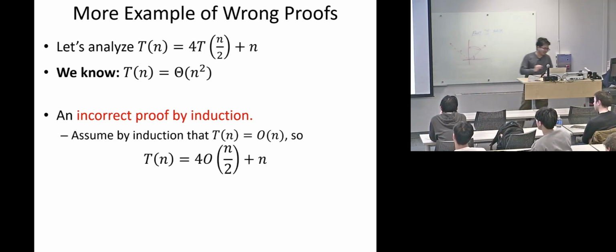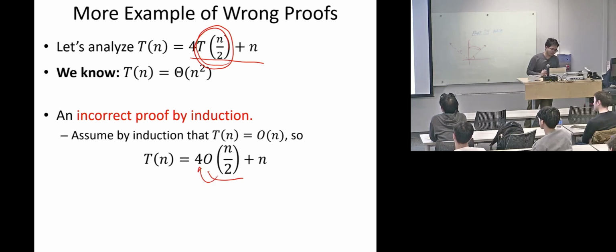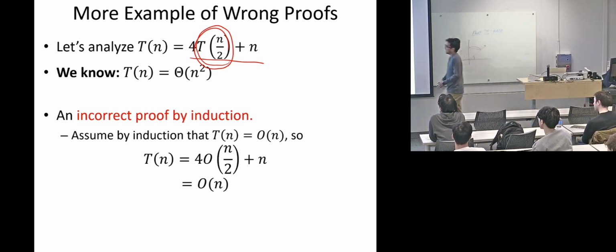Well, I can say that t of n is this thing. And by induction, t of n over 2 is just order of n over 2. This thing multiplied by 4 is order of n. So I somehow get that t of n is order of n.